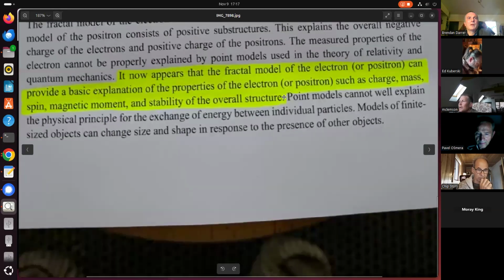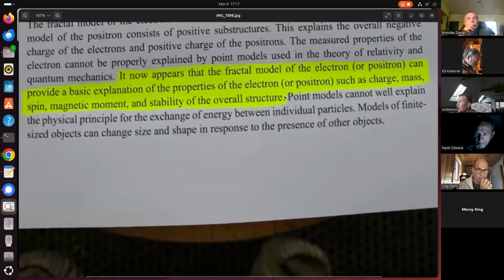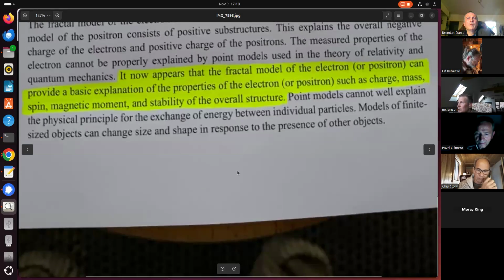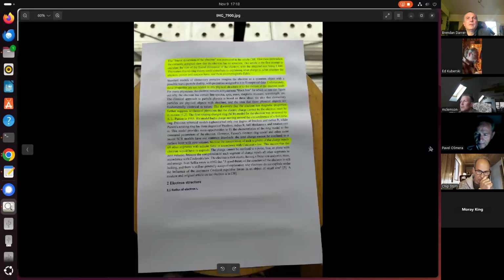It now appears that the fractal model of the electron or positron can provide a basic explanation of the properties of the electron or positron, such as charge, mass, spin, magnetic moment, and the stability of the overall structure. Point models cannot well explain the physical principle for the exchange of energy between individual particles. Models of finite-sized objects can change size and shape in response to the presence of other objects.